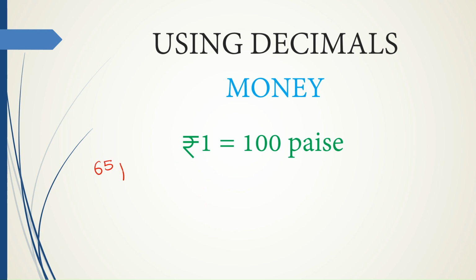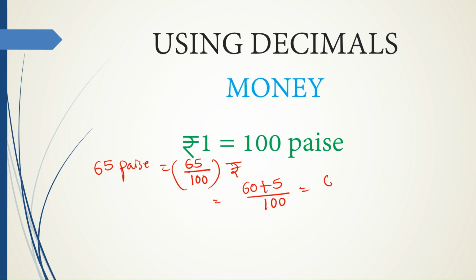Now similarly consider 65 paise. How to write 65 paise in terms of rupees? 65 out of 100 parts of a rupee. Now 65 can be written as 60 plus 5 upon 100, which is nothing but 60 upon 100 plus 5 upon 100.